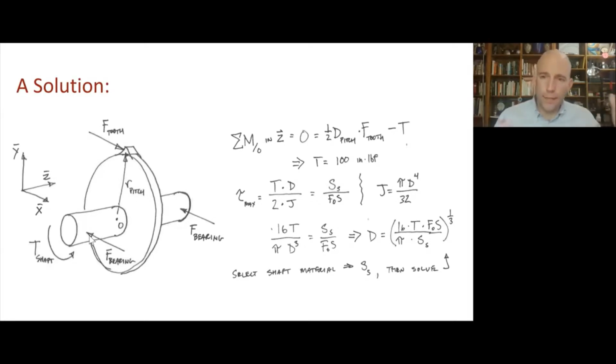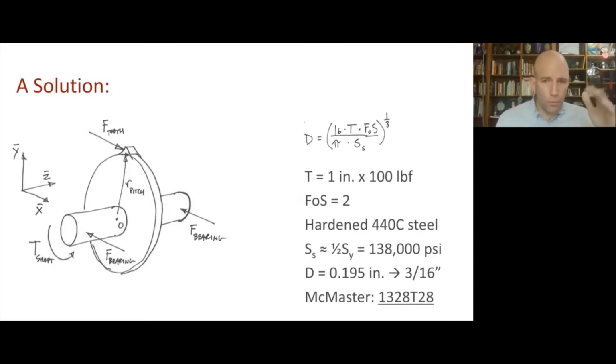It will turn out, in this case, if we make some reasonable guesses as to how widely those bearings are spaced, just based on our drawing, that the bending stress will be less of a concern than the torsional stress in this case. But we could have worked through both of them and compared if we made some guesses about the displacement there.